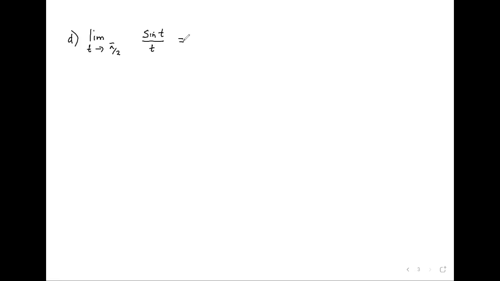So you substitute. We have sine pi over 2 over pi over 2. Sine pi over 2 is sine 90. We get 1 over pi over 2, which is equal to 2 over pi. So if nothing is strange, then it becomes the solution.